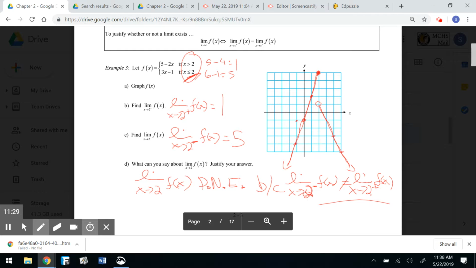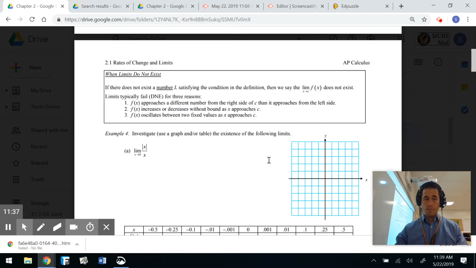And remember, if they don't equal the same value, then we say that the limit at that point does not exist.